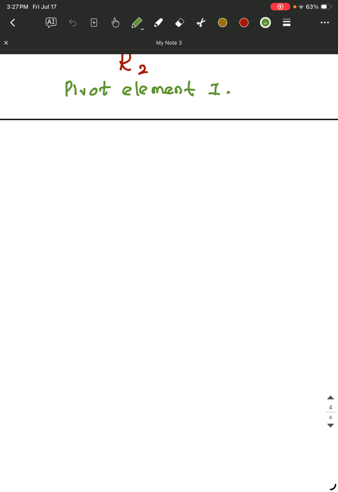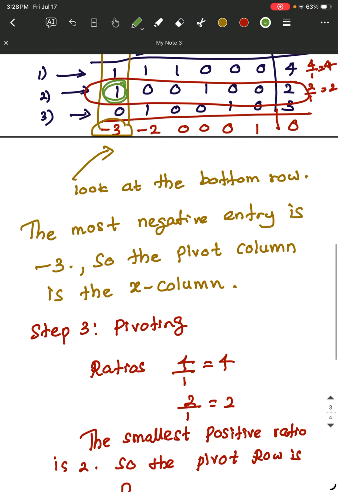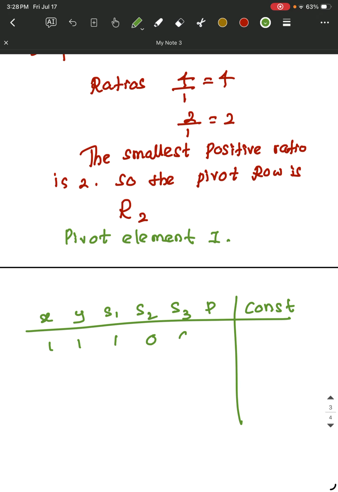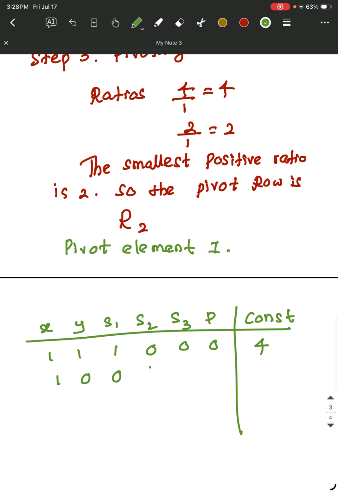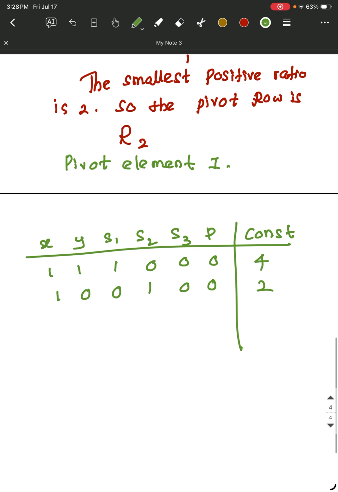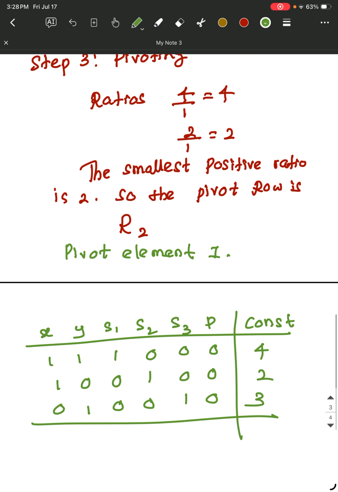Then let's use the row operations. So we have x, y, s1, s2, s3, p, and constant: 1, 1, 1, 0, 0, 0, 4; 1, 0, 0, 1, 0, 0, 2; 0, 1, 0, 0, 1, 0, 3; and -3, -2, 0, 0, 0, 1, 0.